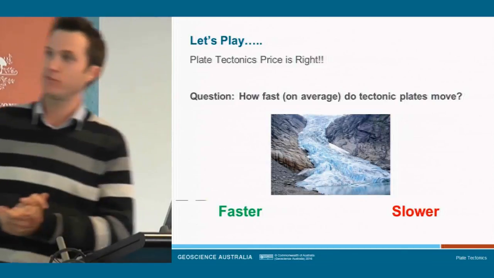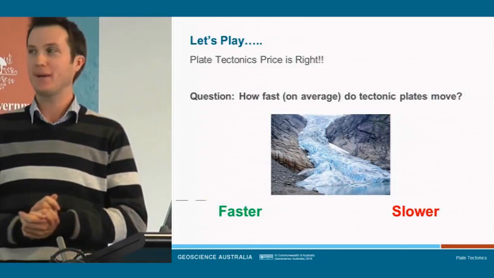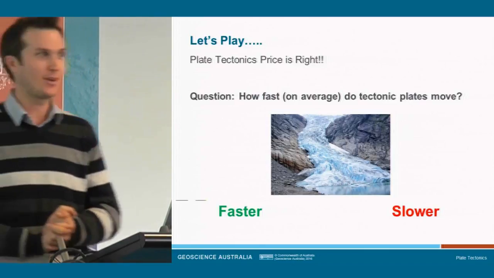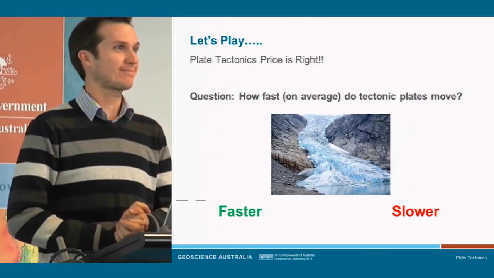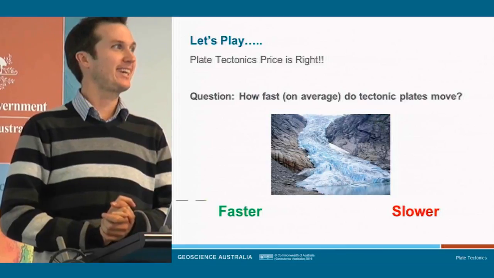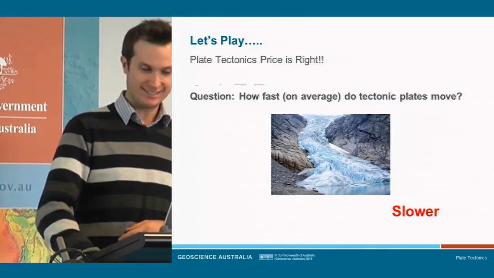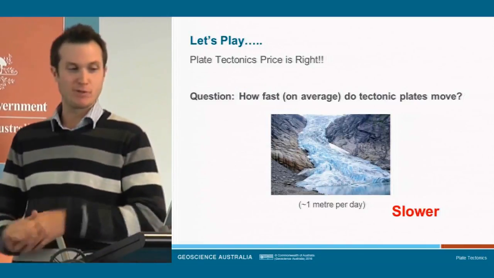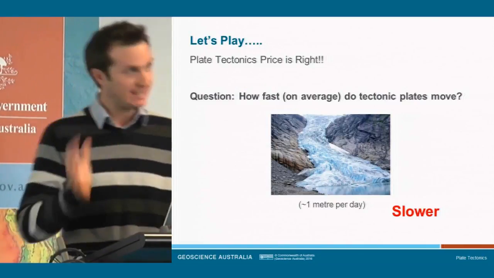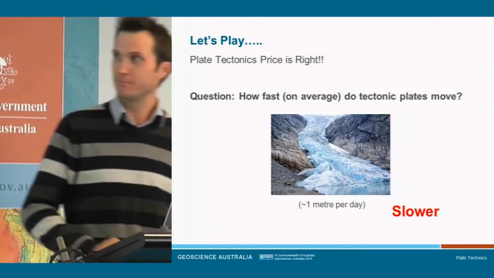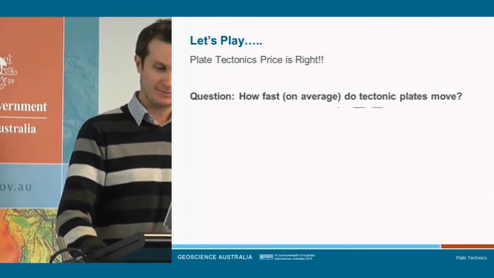If you think they move faster, hold up your green bits of paper. If you think they move slower, hold up your red. Okay, mostly red. So red is the correct answer. Glaciers move on average about 1 meter per day. It varies, but that's about the average. So tectonic plates move slower than that.